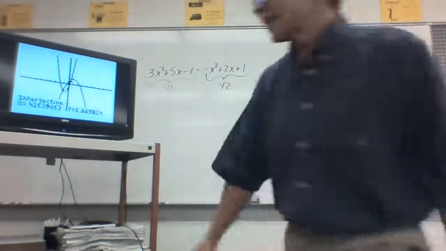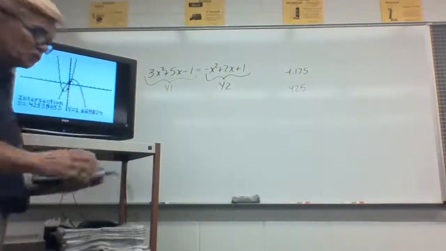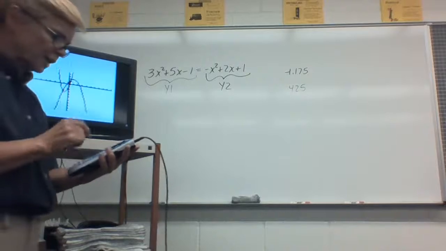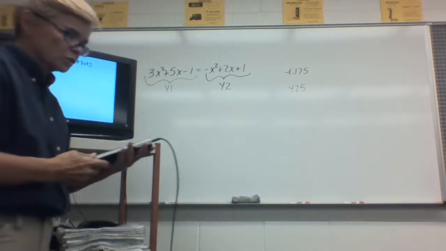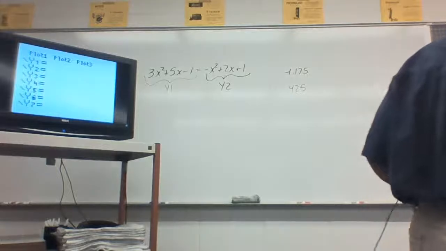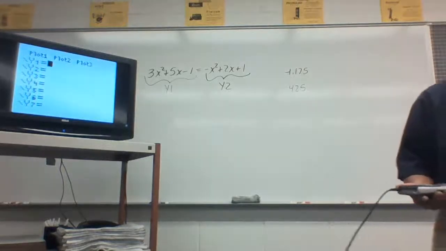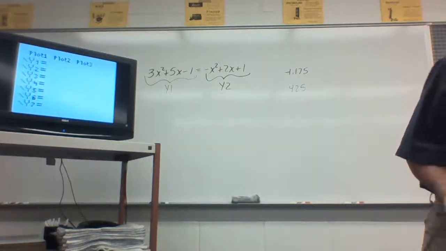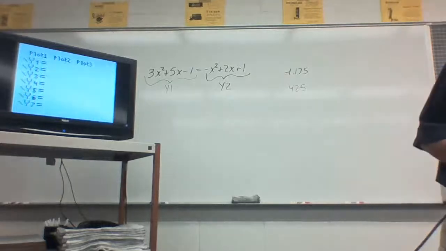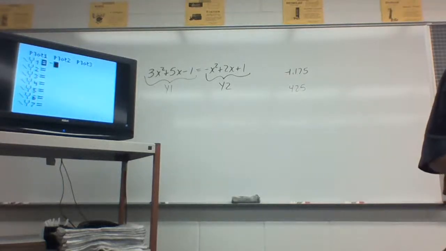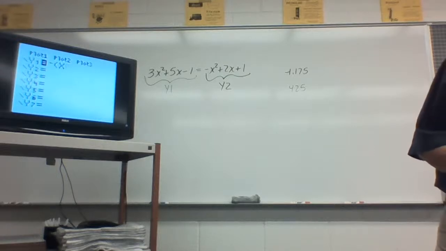The calculator doesn't care how gross and ugly the two sides are, as long as you can type it. So to solve this one, I'm not going to do any algebra at all. I'm not going to square binomials. I'm not going to distribute negatives. I'm not going to move things from one side to the other. I'm just going to type. So we go negative, parenthesis, x minus 1.5, close it, square it, plus 2.25.